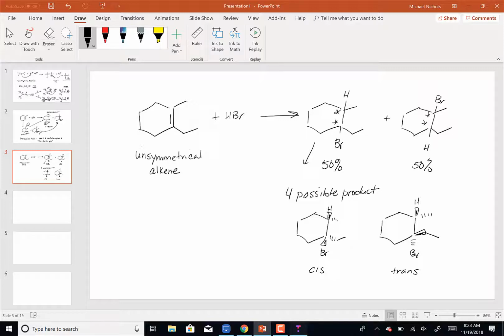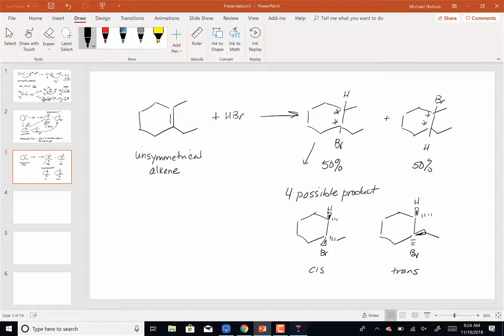Now, I am automatically going to get the enantiomer of each one of those products. That's automatic. And why is it automatic? Because I'm not using a chiral reagent in this reaction.